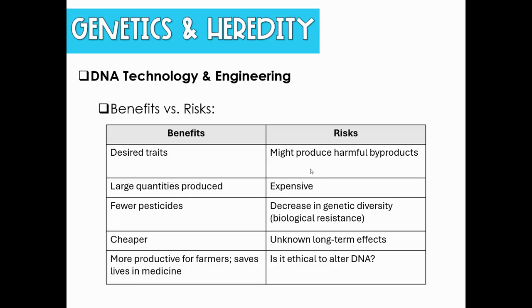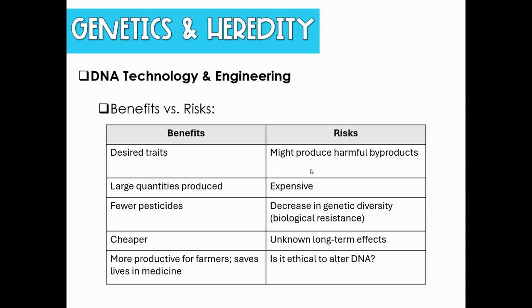It's typically cheaper, well, in some ways it's cheaper, because you'll notice on the other side it says expensive. But in some ways it's cheaper. In the medical field, it's more expensive. It's more productive for farmers, and probably the biggest benefit is it is saving lives.